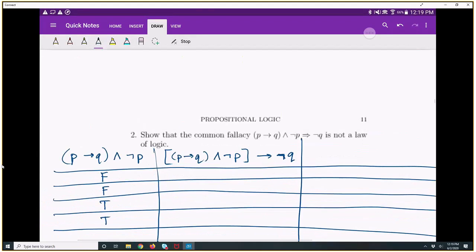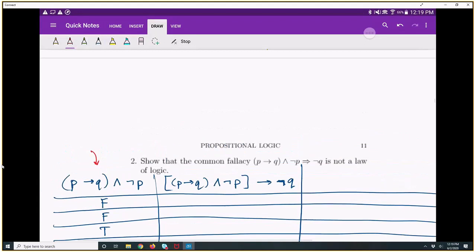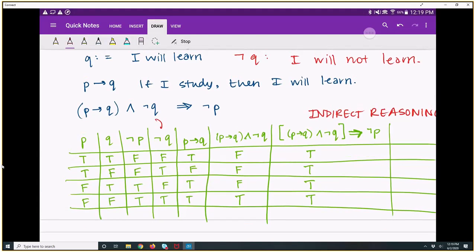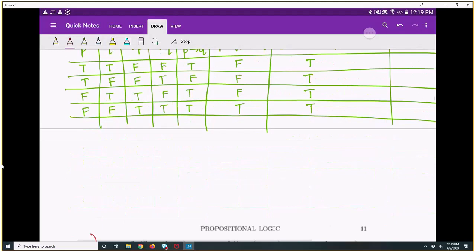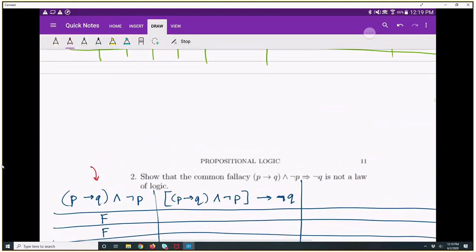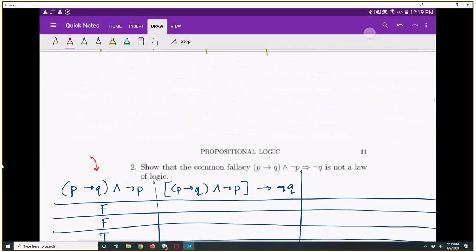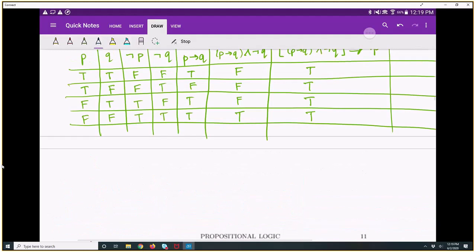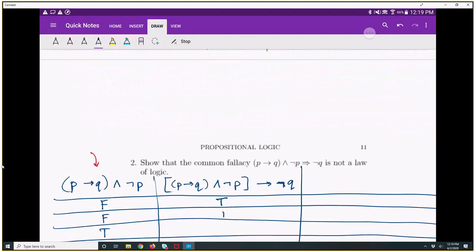So I'll be comparing this column. This is the not Q column. So I have false implies false. That's true. Then I have false implies true. That's true.